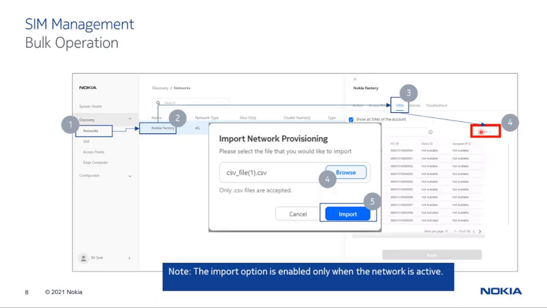Again, this is used when you have a very high number of SIM cards that you need to import and provision to a given network. It avoids you doing the clicking and adding the SIM cards one by one, which is what I was showing on the previous screens.